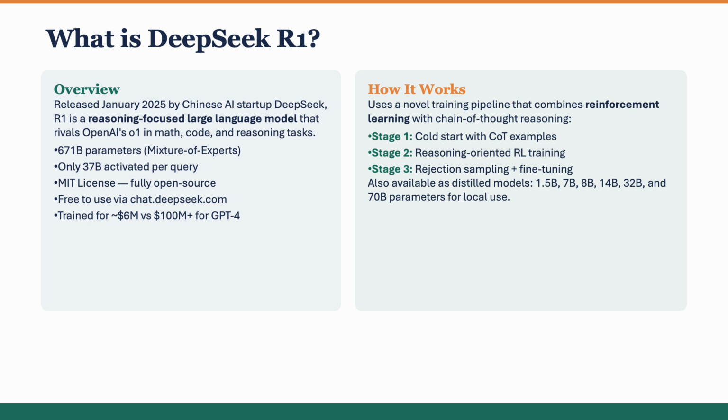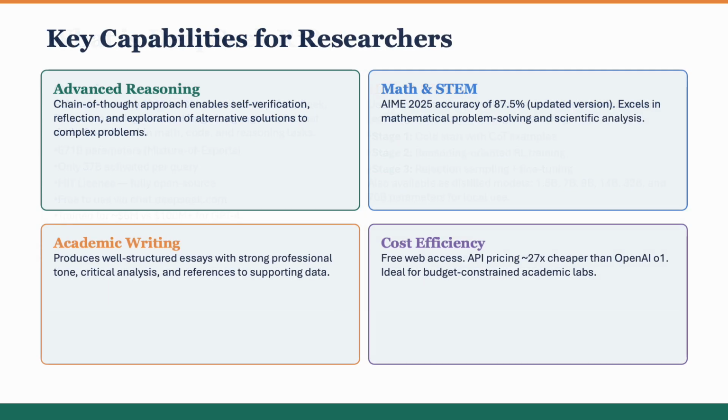Importantly, everything is released under the MIT license, meaning you can use it, modify it, and even commercialize it freely. The training reportedly cost around $5.6 million, a fraction of what competitors like OpenAI spent, according to reporting by VentureBeat and CNBC.